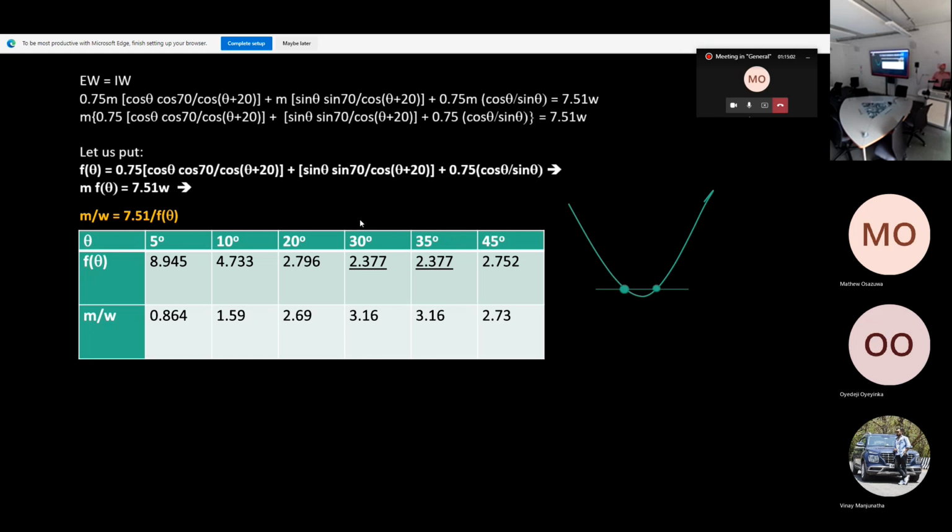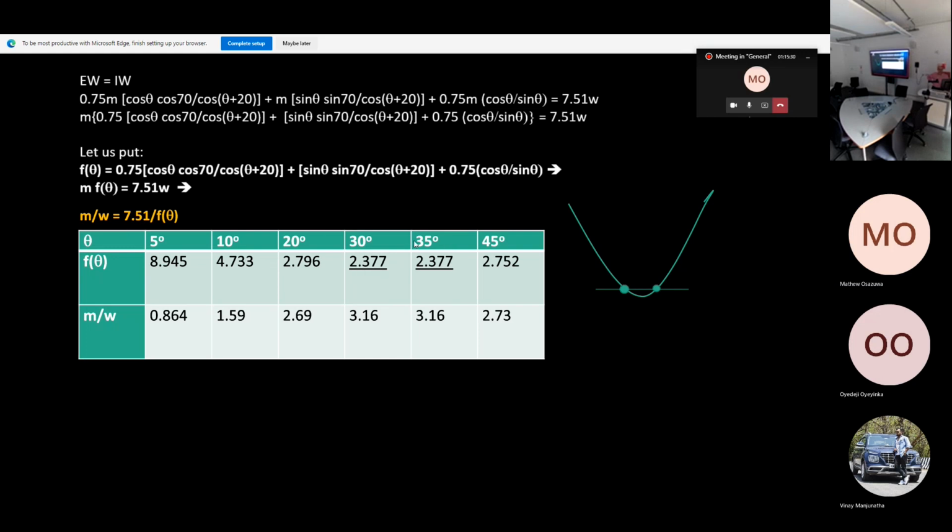So when I got closer to there, for each value of theta, I substitute theta into f theta here, which gives me M over W. So I got these values here, okay? Can you see what's happening here? For theta equals 30 degrees, I get f theta here 2.377.